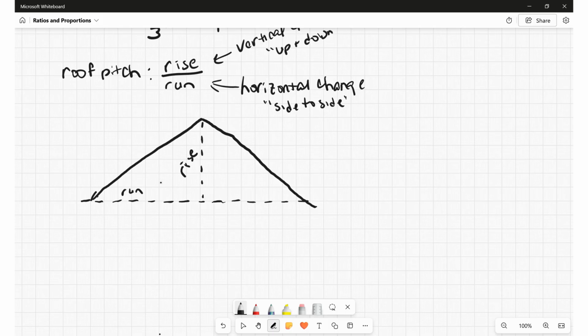So if we consider that, say, this rise in this particular roof, okay, let's say that this is 4 feet. And let's say that the horizontal span is 12 feet.